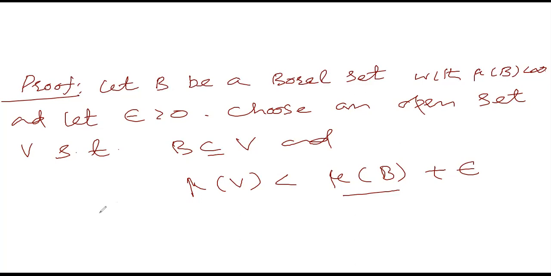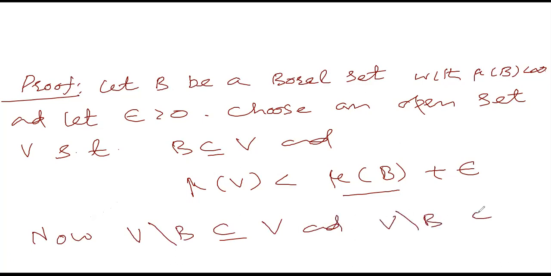Now this V minus B is a subset of V, and V minus B is a Borel set, and its measure is also finite.